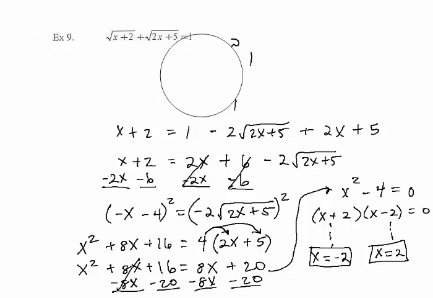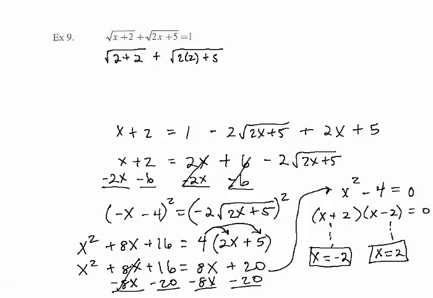To check our solution of plus 2, we go back to the original equation, plug a 2 in for each of the x's, and we want this left hand side to work out to be a 1, matching the right hand side. The first radical is the square root of 4.